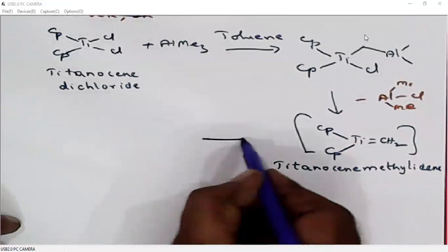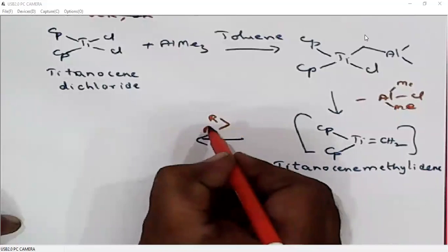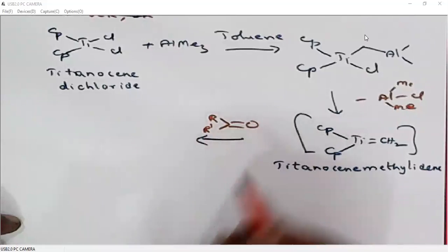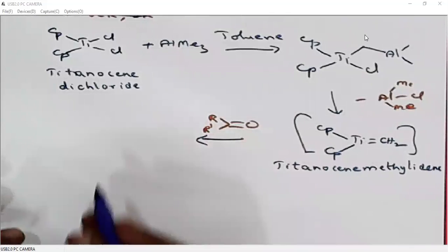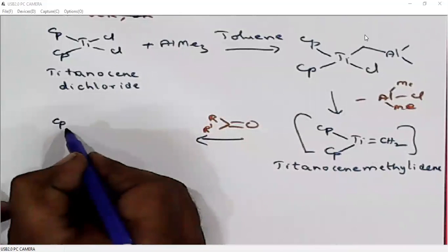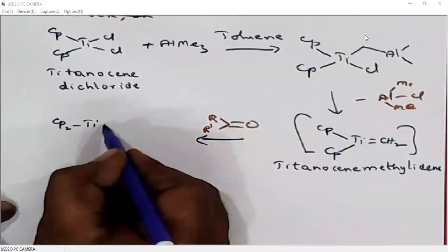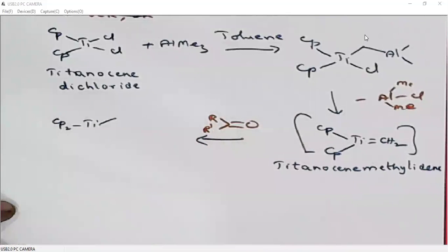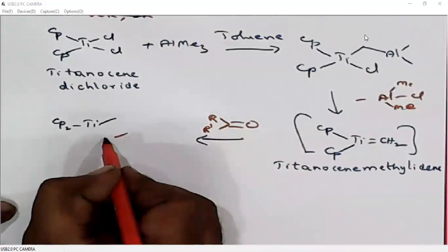Then when we add a carbonyl, of course the mechanism is the same. It will undergo a 2+2 cycloaddition.